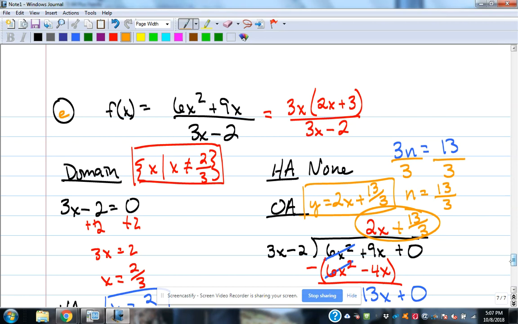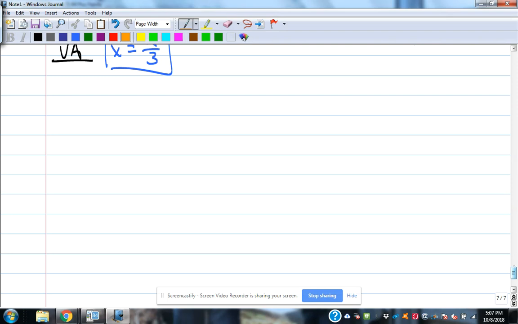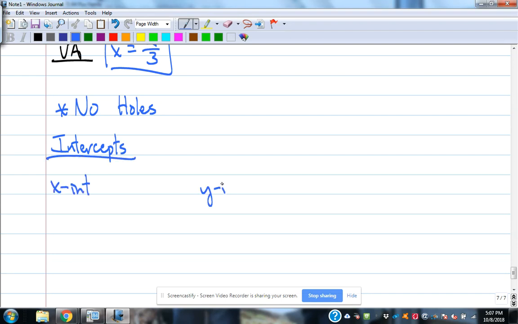That's how I know. If there's a factor that cancels, there's a hole in the graph. If there's not a factor that cancels, there's no hole. So no holes. So we need to go to intercepts then. We can do x-intercepts and y-intercepts.